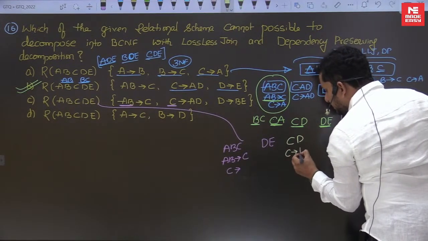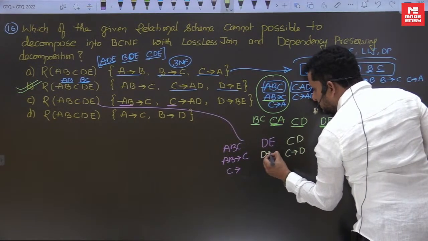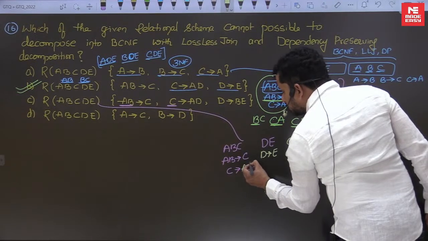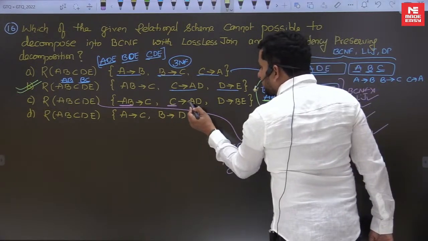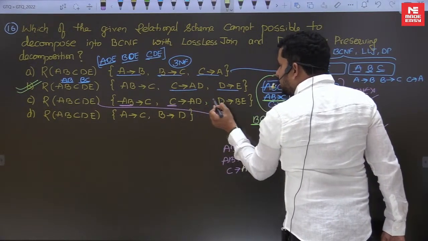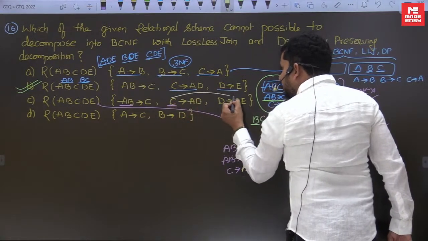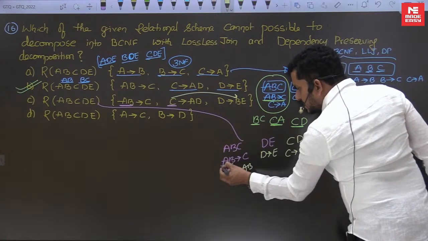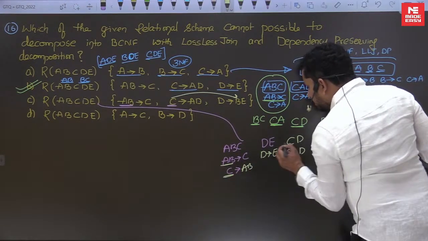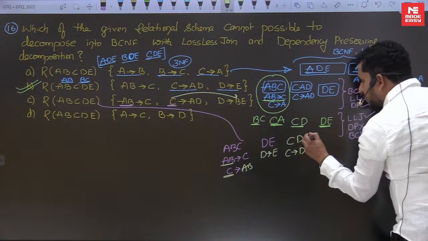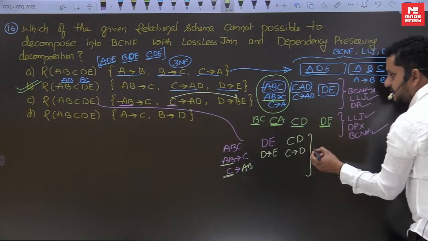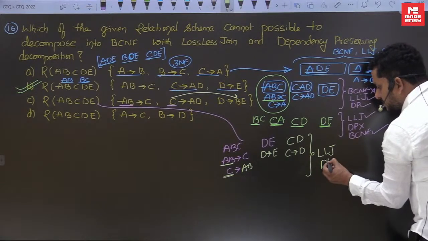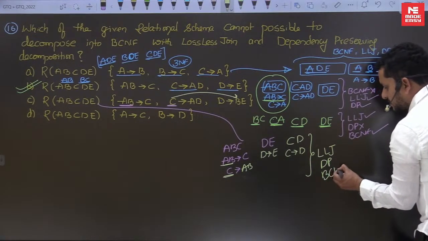C determines D comes here, D determines E is here, and C determines AB also. Because C determines A, C determines D and D determines B, C determines B also. So C determines AB. AB is a key as well as C is also a key. So lossless join, dependency preservation and BCNF are all satisfied for this one.